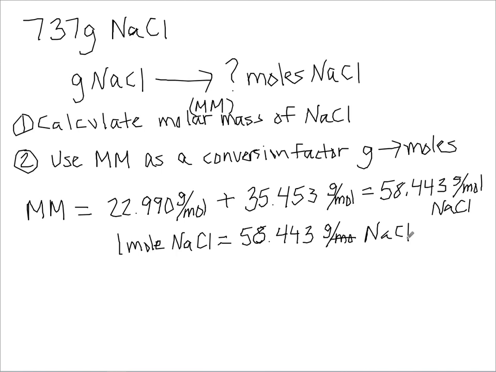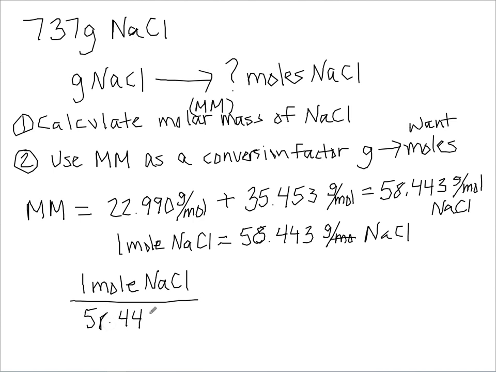So we need a conversion factor to go from grams to moles. If what we want is moles, that means that has to be on the top of our conversion factor. So we're going to take moles, which in this case from our equality is just 1 mole of NaCl over 58.443 grams.